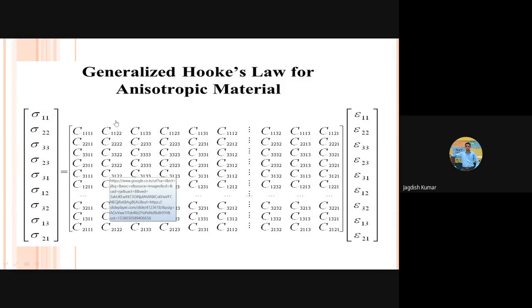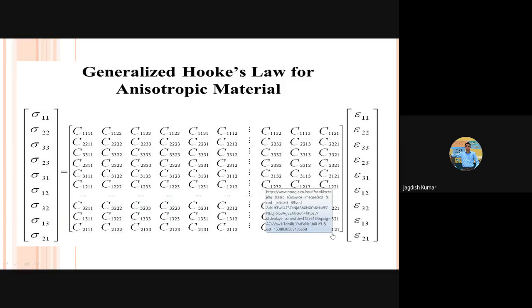This depends upon the values of these constants. Usually these diagonal elements represent the longitudinal strain, right? The strain or stress produced along one direction because of strain along one direction.